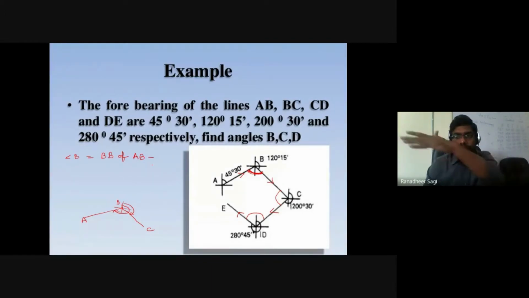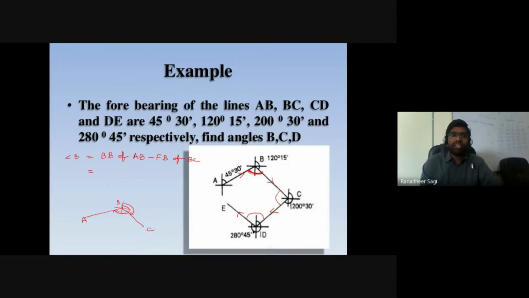Line BC is the forward direction of your traverse, so that angle is what we call the forebearing of your BC line. Now what becomes my back bearing of the AB line? I know the forebearing of my AB line. Now how do we calculate the back bearing of the AB line?